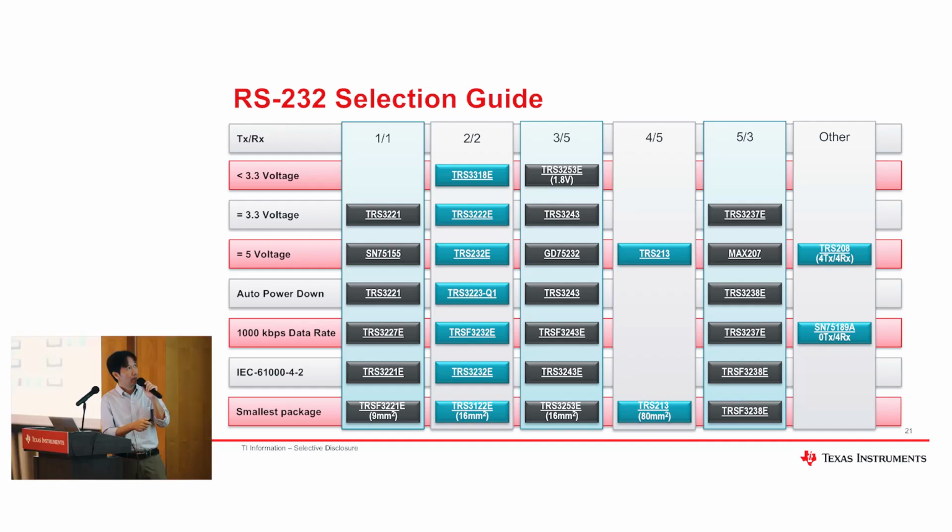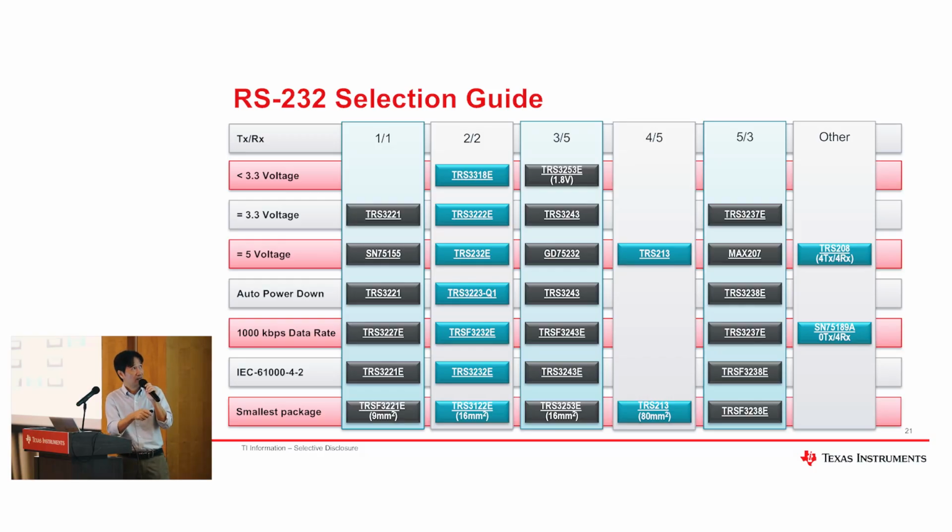If you use an RS-232 that has a higher supply voltage range, maybe 3.3 or 5 volts, you will need to design additional power supply rails for the RS-232 device. But with this device, you don't need to design an additional power supply rail. So the whole system just needs a 1.8 volt power supply.